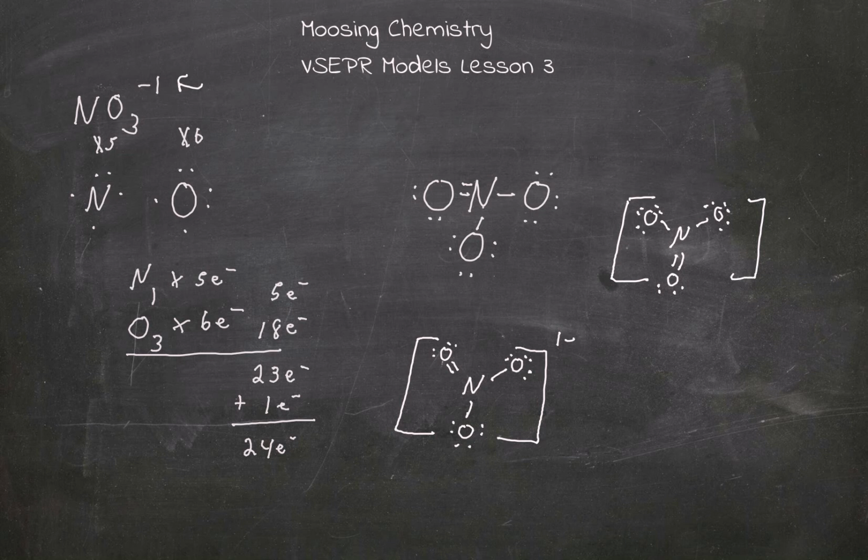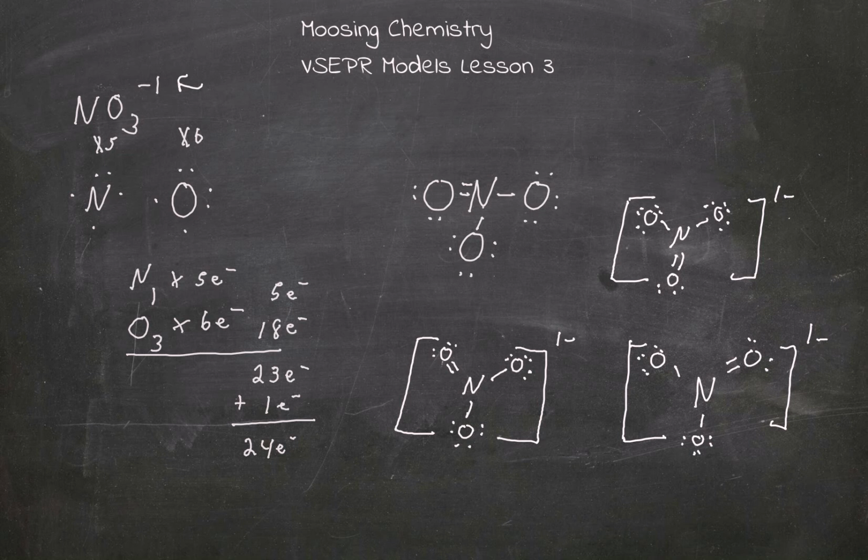Again, we would write that 1 minus, or nitrogen can actually have a charge, double bond here. And that's how you do nitrate ion.